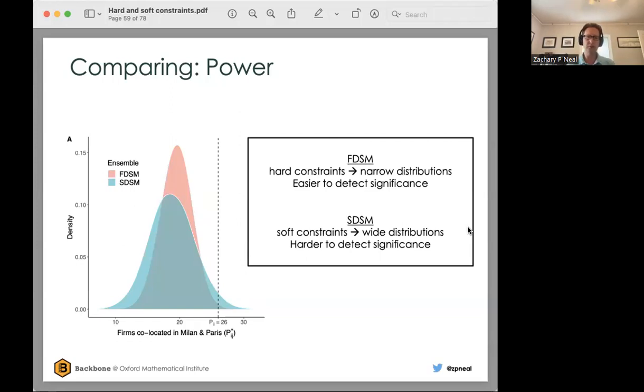This one, I think I drew with 1,000 resamples, which is fairly low in this context. So I would anticipate their means should be fairly similar. If we drew many more resamples, we'd have distributions that had the same mean, but different variances. But that's not something we've directly investigated because it's so time consuming to build these hard constraint distributions. Building the soft constraint distributions is very fast. And so we know a lot about what they look like. We know very little about the shape of the distributions under the hard constraints. Yeah, thanks.